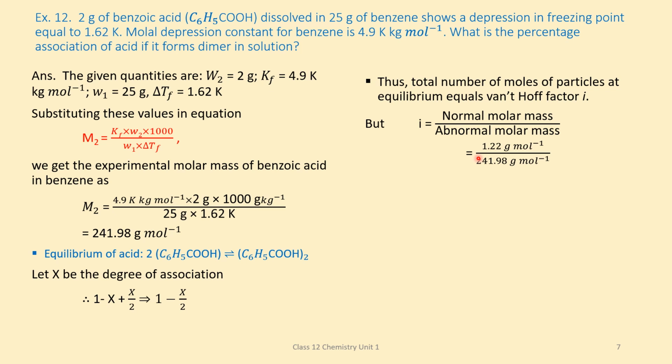we get 1.22 grams per mole divided by 241.98 grams per mole. This 1.22 grams per mole is the normal molar mass. This is the abnormal molar mass we have calculated in the previous step.